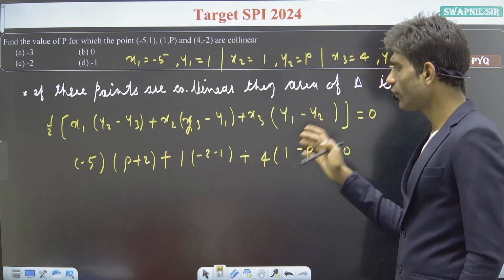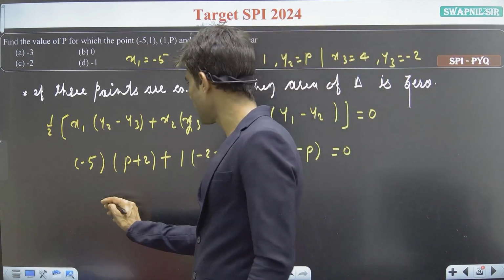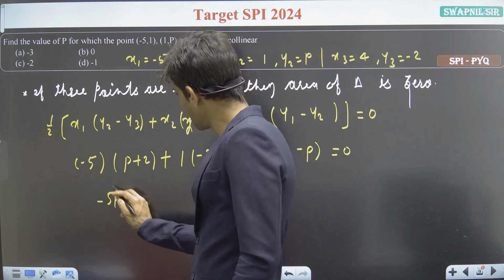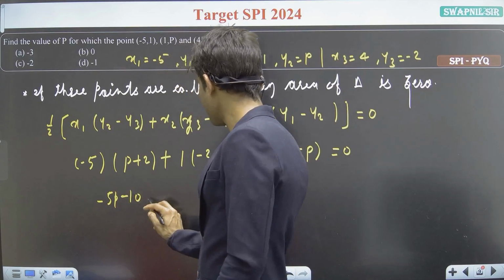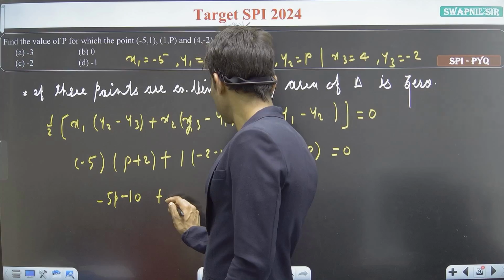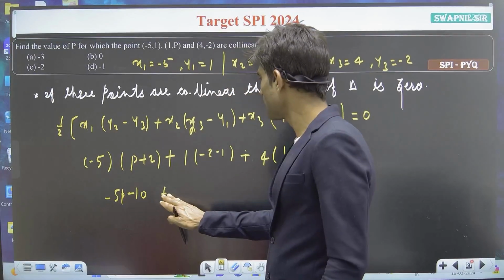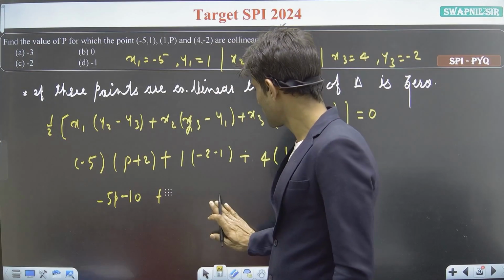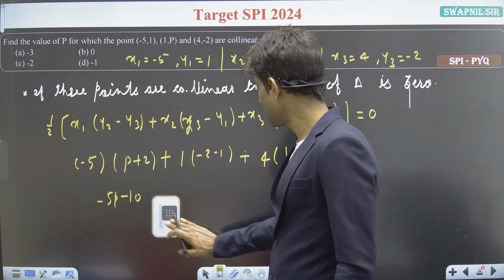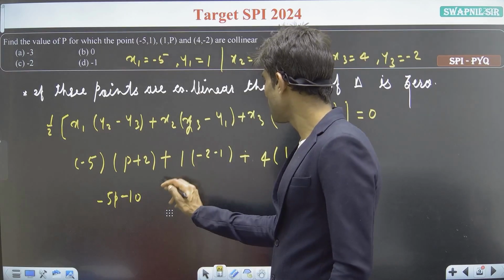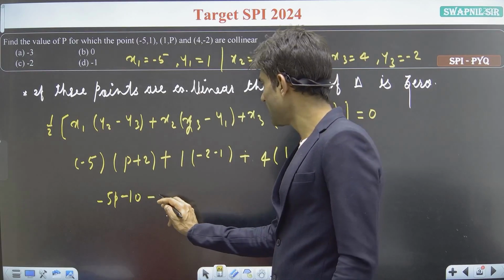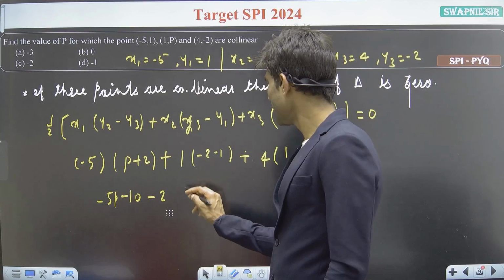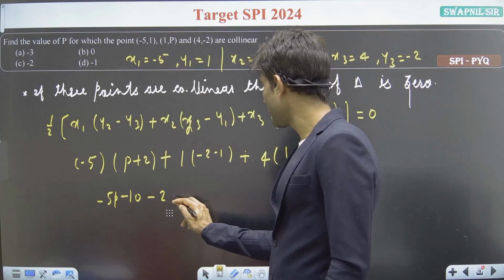Now let's go for the multiplication. Under the bracket, minus 5p, minus 5 twos are 10. Plus 1 into minus 2, we write minus 2 here. After that, 1 into minus 1, we write minus 1 here.